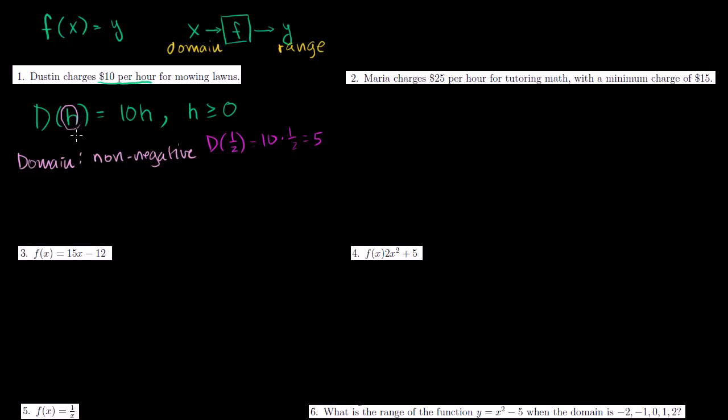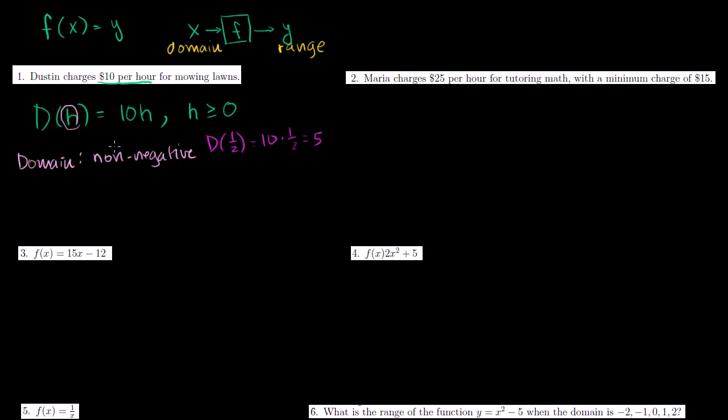But you can't legitimately charge someone 10 times pi dollars. That's not a legitimate amount that one can charge someone in the real world, because at the end of the day, you have to round to the penny. You can't actually charge them that. So any number that he charges is going to be a rational number. It can be expressed as a fraction. So we can take out numbers like e and pi.